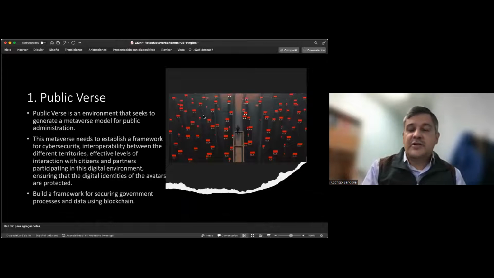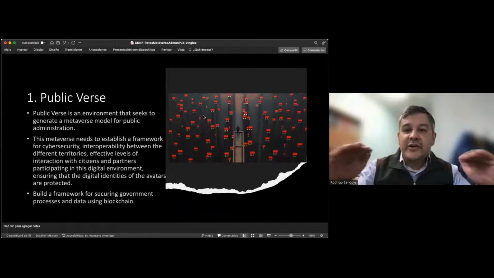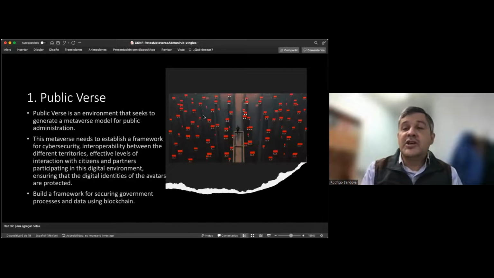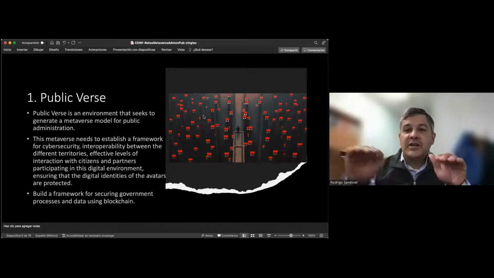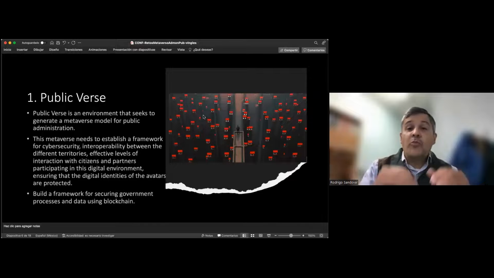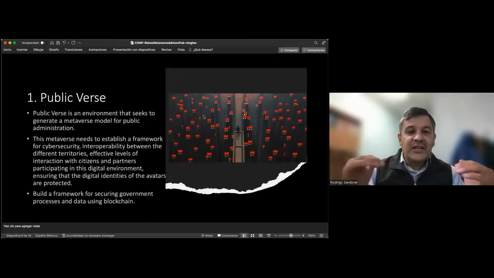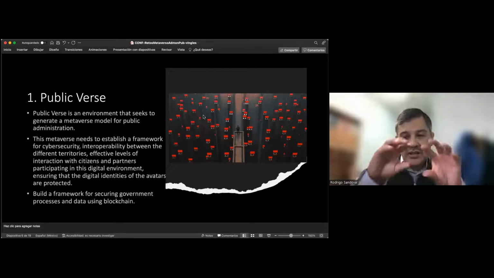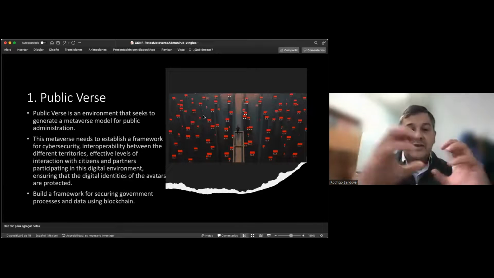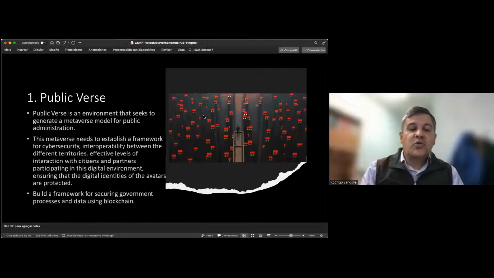So this metaverse is a layer in which we can establish some kind of cybersecurity and interoperability, a common ground for different agencies and different countries, in which we can provide some levels of interaction with citizens or business partners in a digital environment.